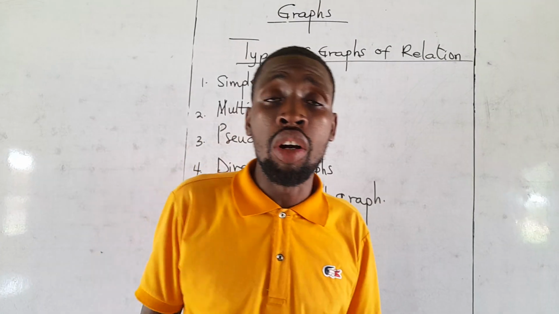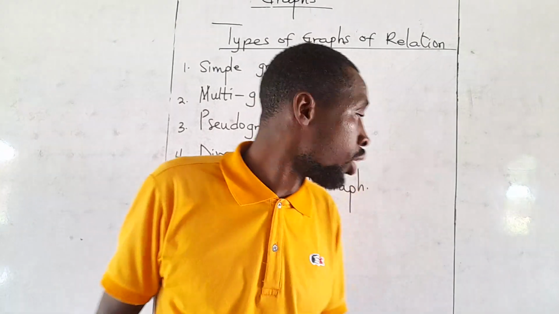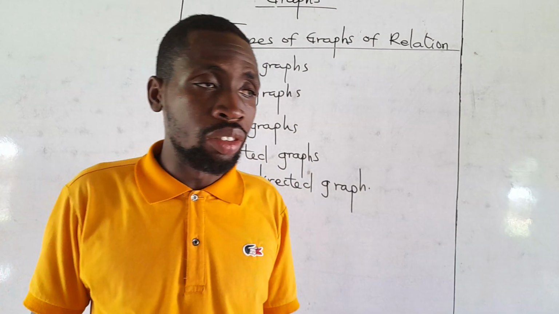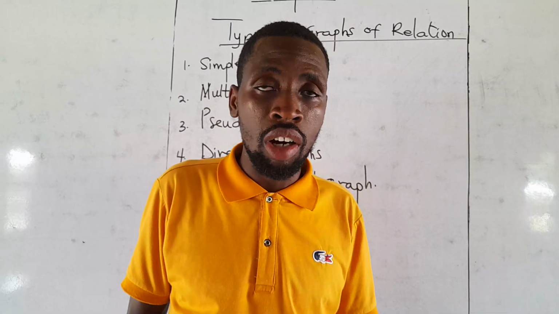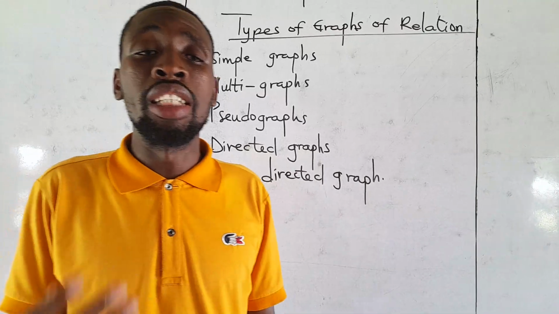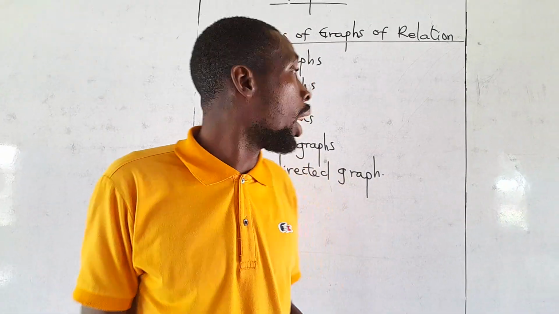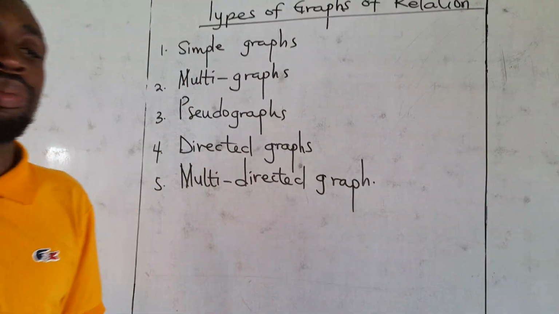Then self-loop graphs, what are they? What's a diagram representing self-loop graph? Then directed graphs, what's a directed graph? And a diagram representing directed graph, as well as multi-directed graphs. So that's the next thing we'll look at. We'll take all these and try to explain them one after the other.